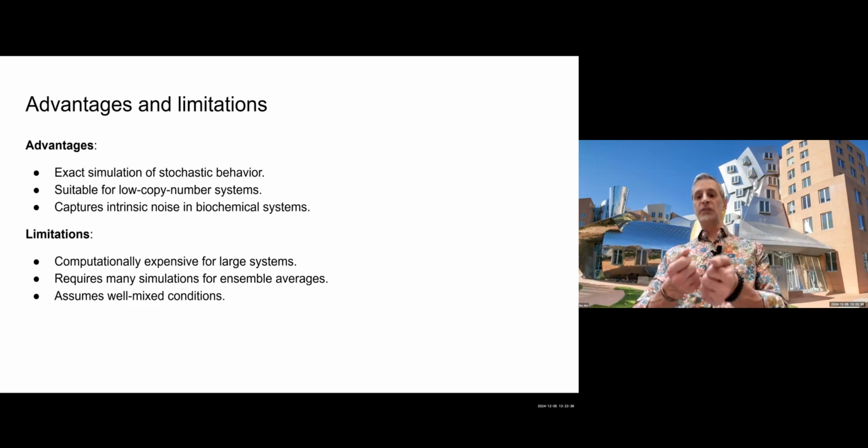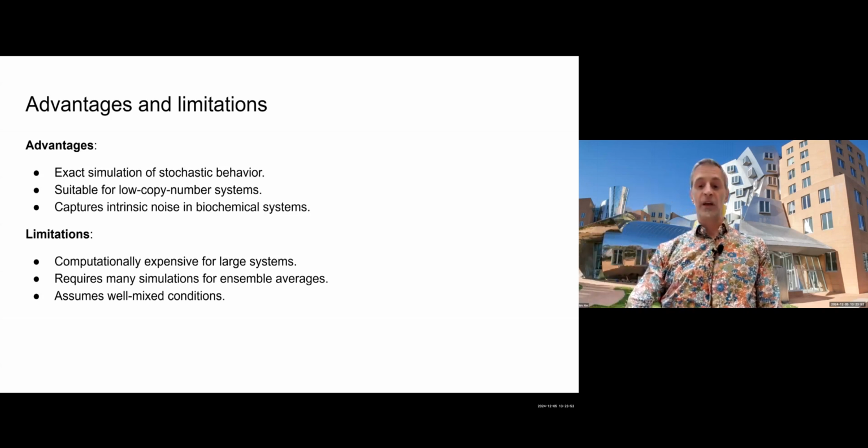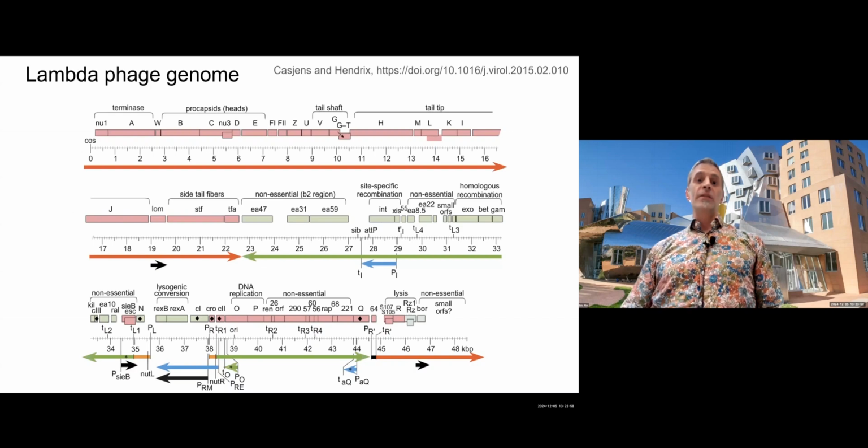So, basically modeling each ribosome individually and each RNA polymerase and each mRNA, and then using the Gillespie algorithm to simulate how the phage behaved. And so this is an example of the lambda phage genome.